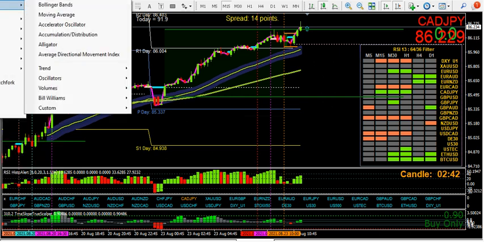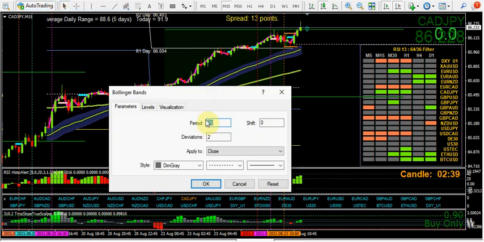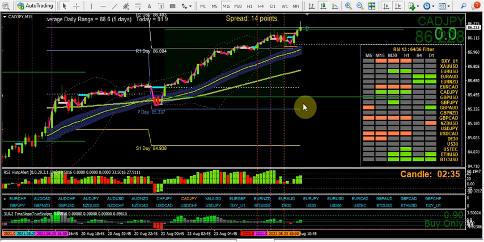Insert indicators trend. Oh, there it is there, Bollingers actually. There. So Bollingers, the buy zone is about here, and then we've got above and below the central area, and then the sell zone is down here.